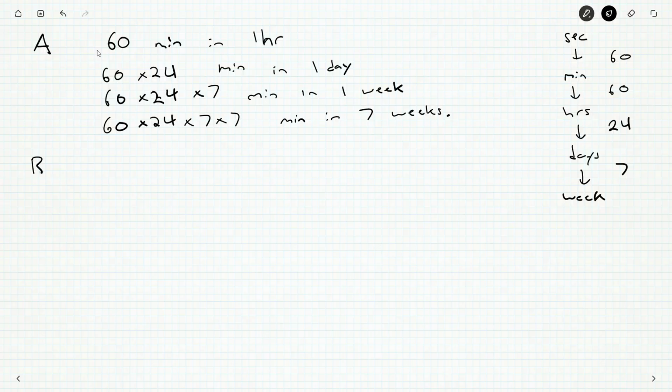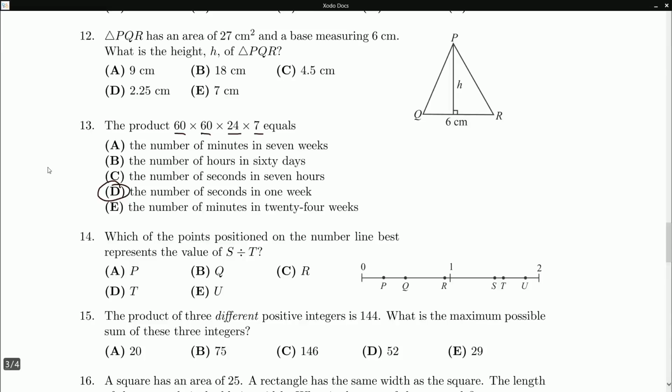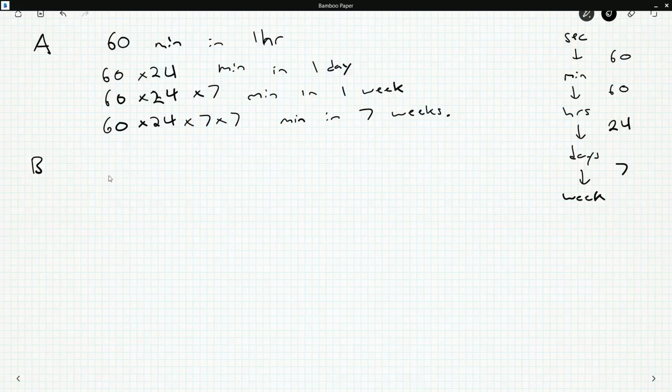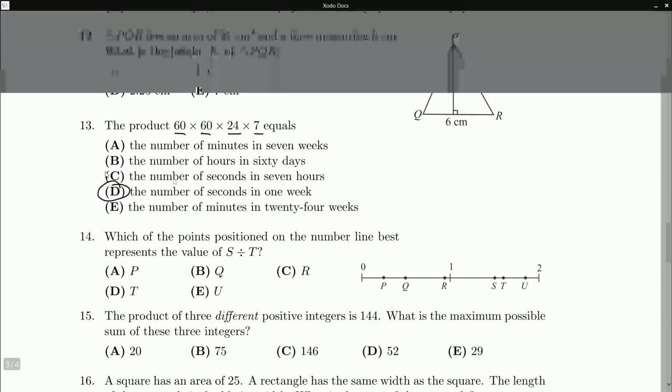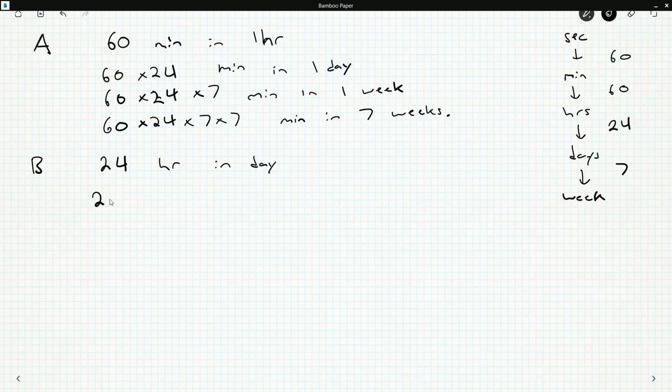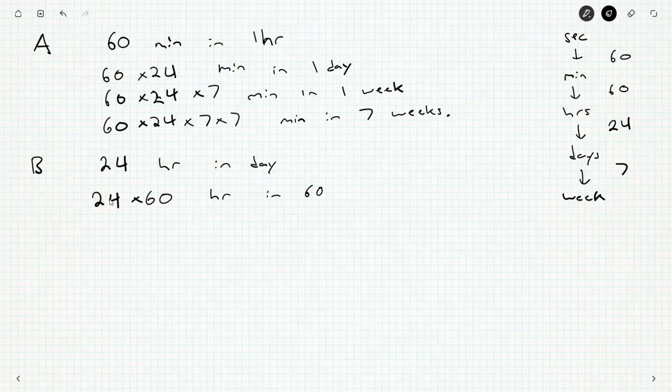Okay, but that's A. Let's go through the others a little faster. Okay, B, number of hours in 60 days. Well, I know that there's 24 hours in a day. And so we want 60 days. So 24 times 60 is the hours in 60 days.